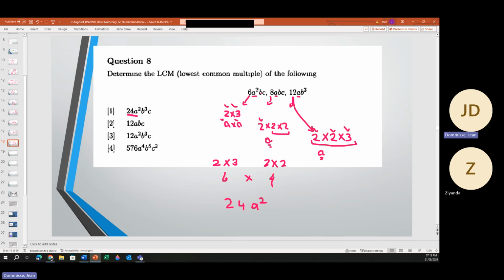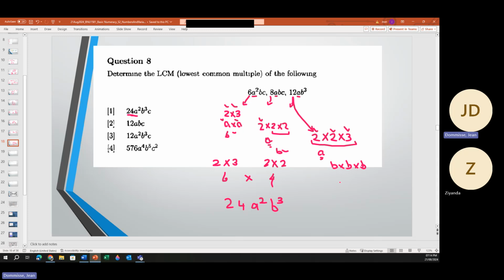Then we look at the B's. In that first one, there's 1 B. In that second one, there's 1 B. And in that third one, there's actually 3 B's. So again, 3 B's, so I need to cover at least that 1 B. Covered there, but here I need 3 B's.